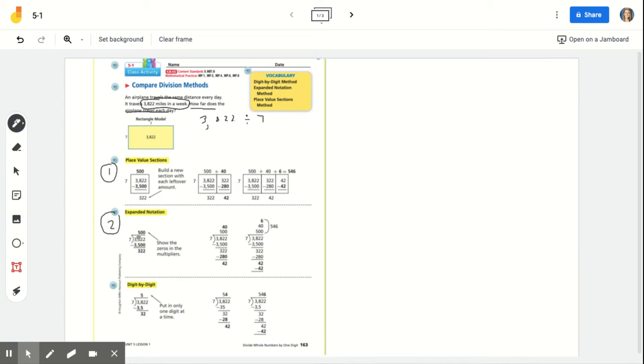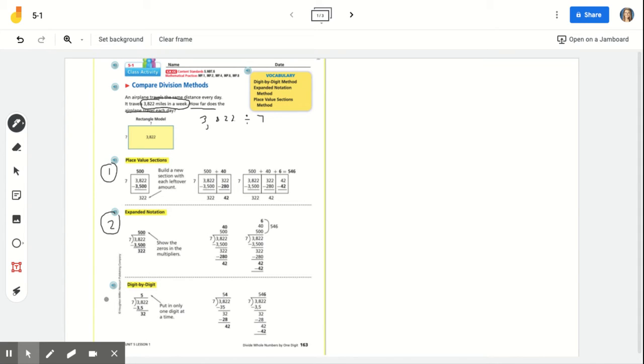So when they put the digit 5, they continued with zeros. And then looking over at their work for each step, they kept on building what we are going to call partial quotients on top of each other and then added the 3 partial quotients together to get 546. So that's a second method.